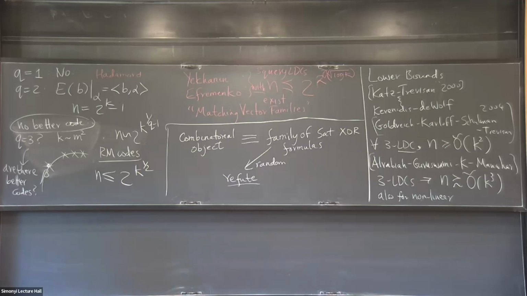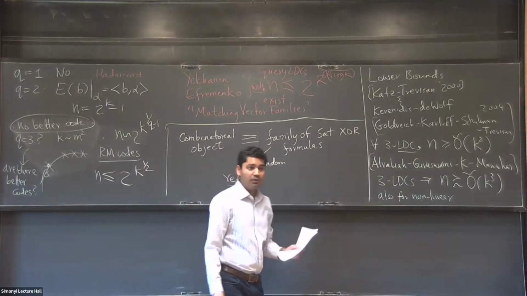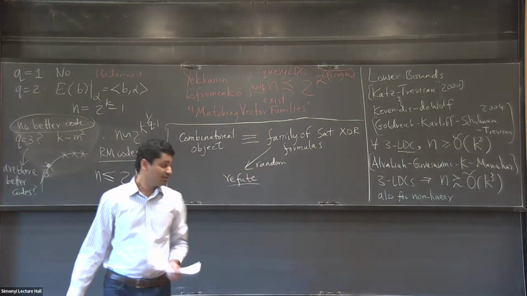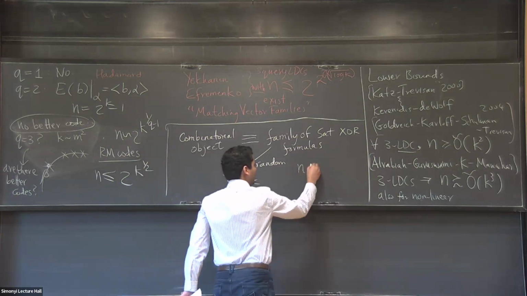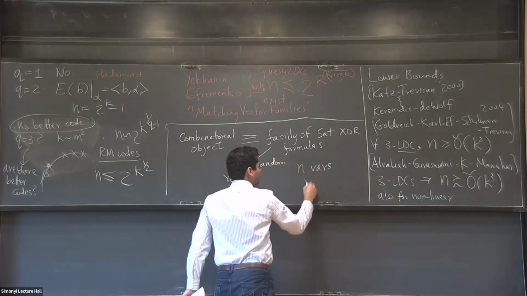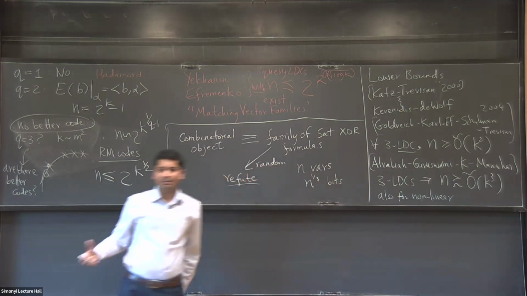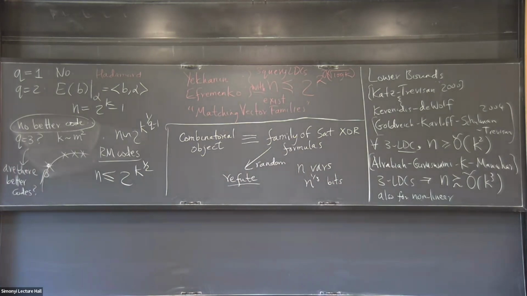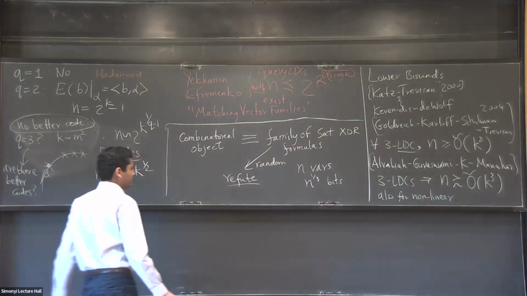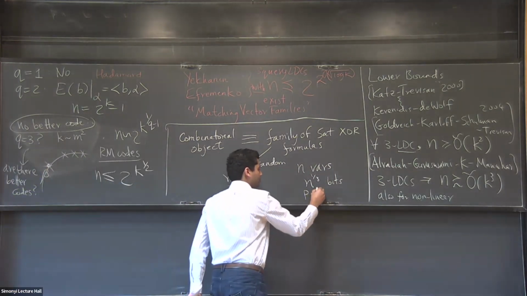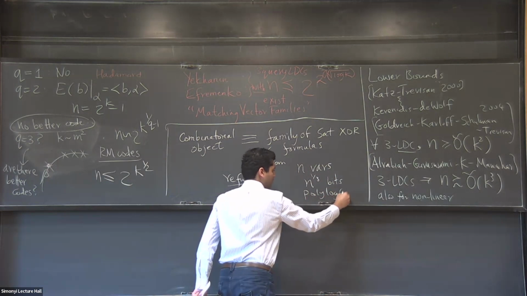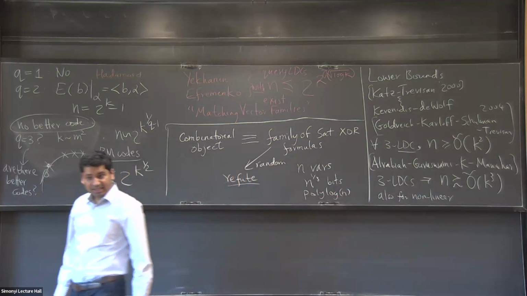In our setting, for example, in this cubic lower bound, we will end up with formulas with n variables and n to the 1/3 random bits. So the number of random bits is way, way tinier than the number of variables. In the result in the title, the number of bits we'll have is just polylog n. So it's even tinier.